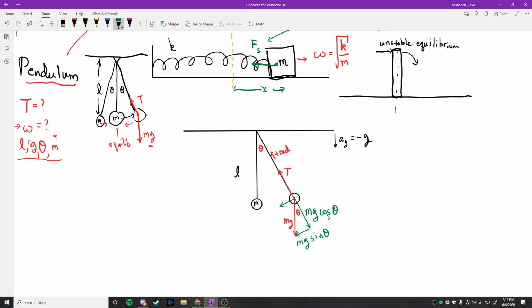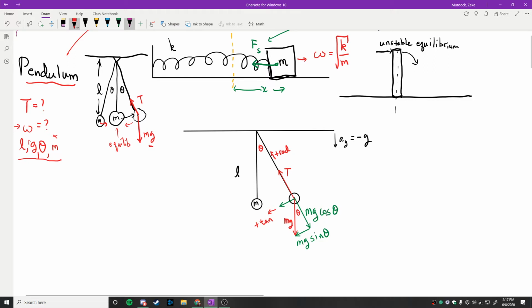And yeah, so we take a mass, we displace it by some angle theta, and then we define the direction that's tangent to the path. This direction here is going to be the positive tangential direction. So we got radial and tangential directions, right?